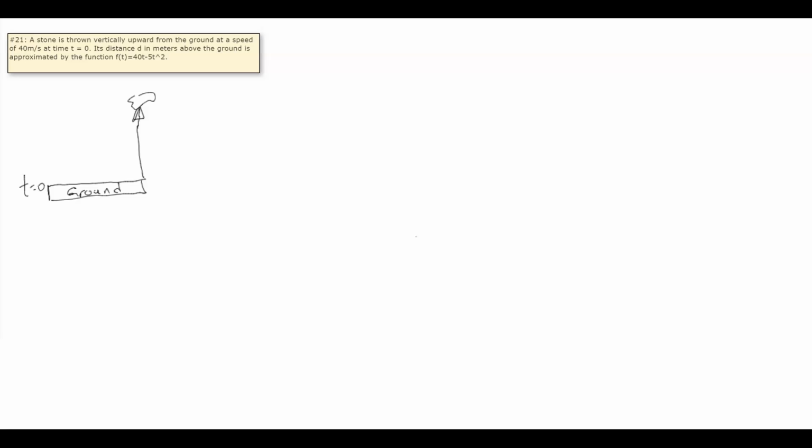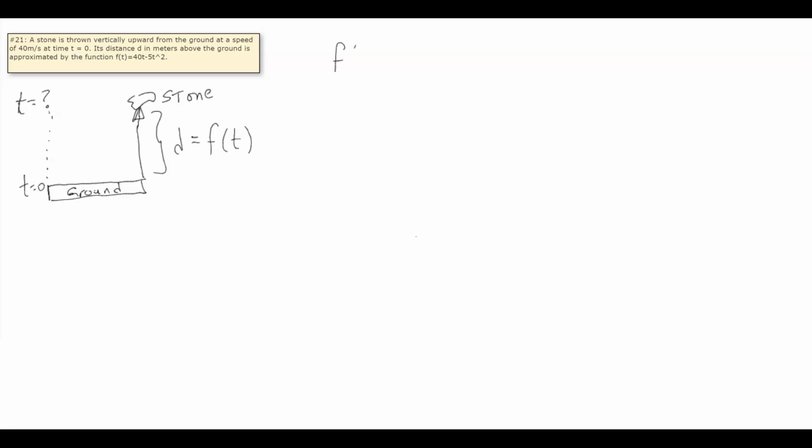At the top here we have the stone, and we're trying to see what's the range of this time. We don't know what that time is. So this here is the distance that the stone is thrown, and they said that that's f of t as given in our problem.